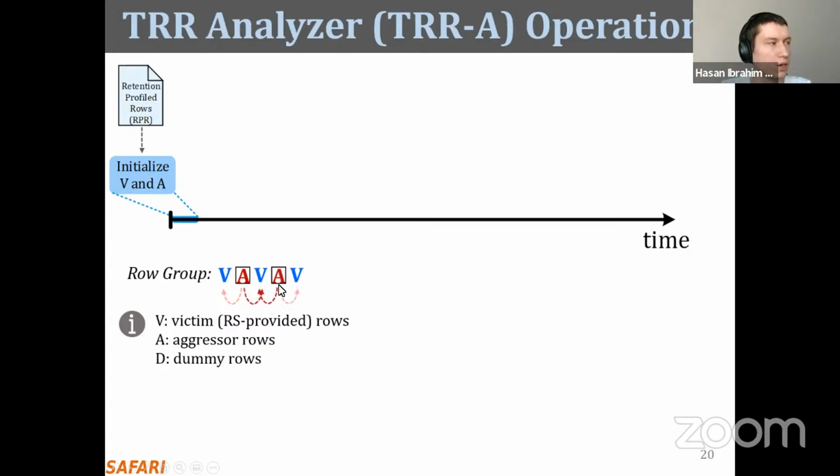But we can also specify another aggressor row here, and in that case, these 2 aggressor rows will hammer all the victim rows, but they will have the highest effect on the middle victim row, which is sandwiched between the 2 aggressor rows. The user is free to specify aggressor rows anywhere within the proximity of these victim rows. We can also have aggressor rows here and here, but those will affect only this victim row and this victim row.